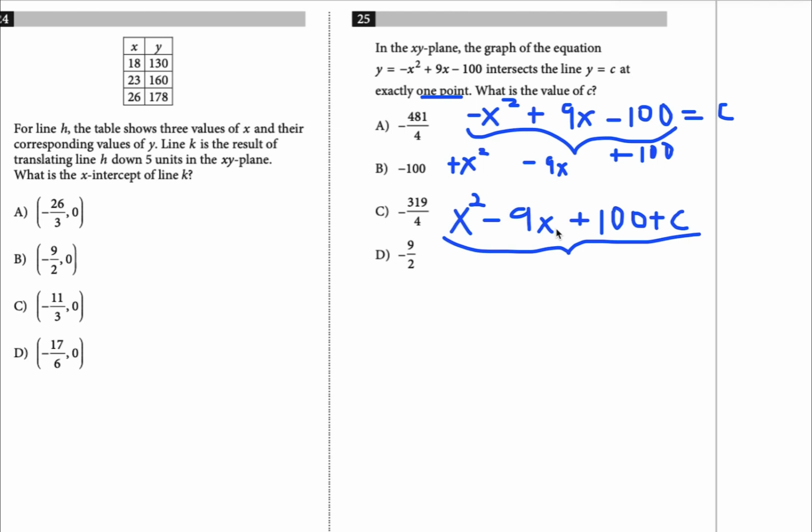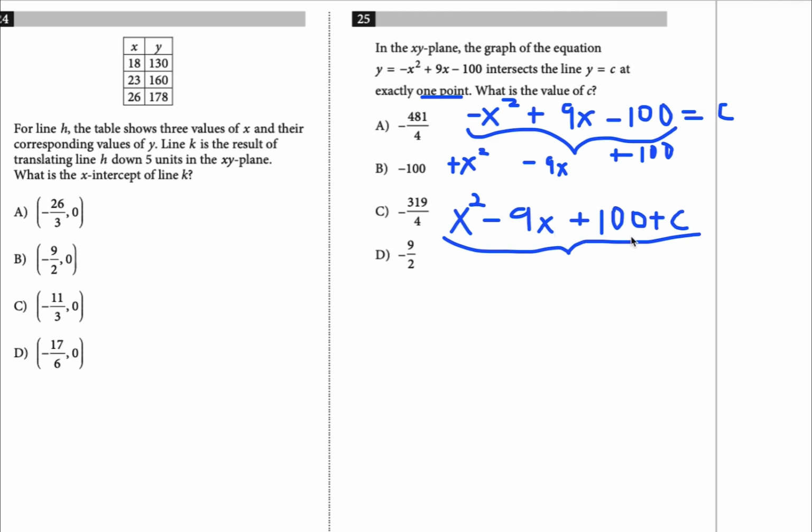But here, the solution needs to be exactly 1, which means that if we were to FOIL this, the two factors would result in exactly one answer, so the answer would be the same.